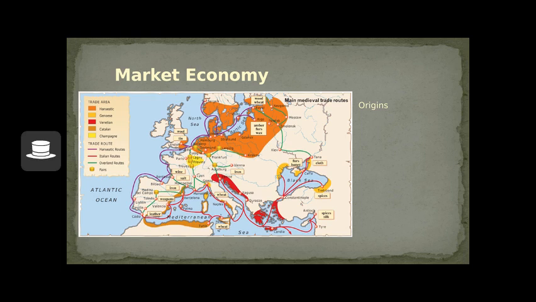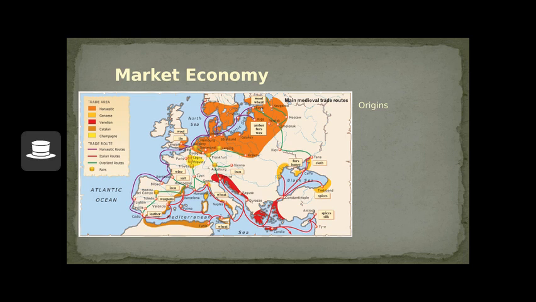Now, the Italian traders in the Middle Ages became very wealthy by becoming middlemen between the East and Europe.